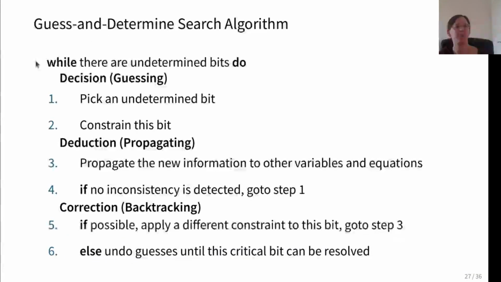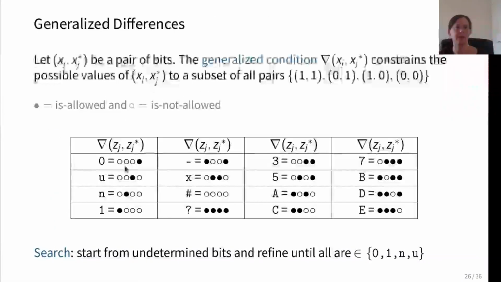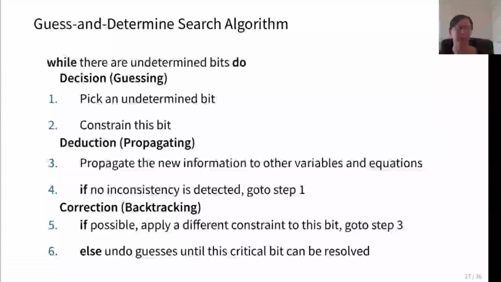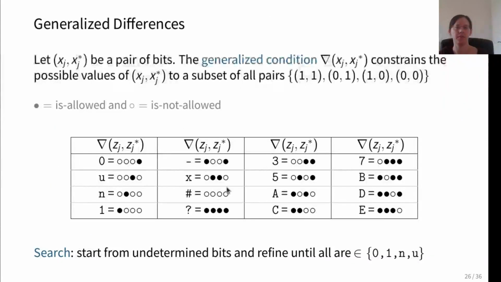So we iteratively do the following. As long as there are still undetermined bits, undetermined meaning it's not part of this set here or whatever we want to find, then we pick one bit that is still undetermined and put a constraint on it. So we reduce and take away some of the possible options.